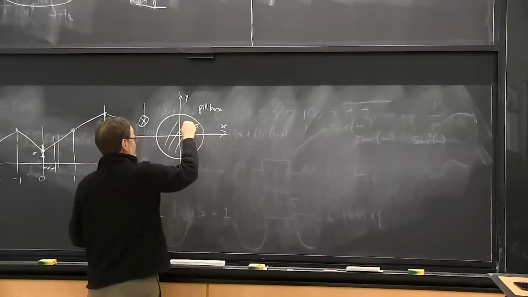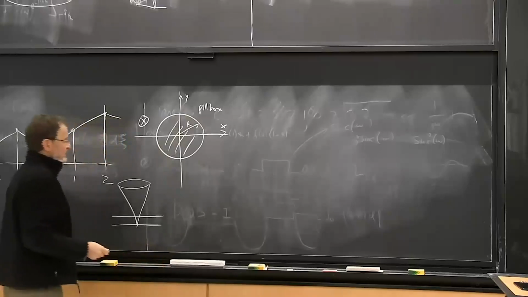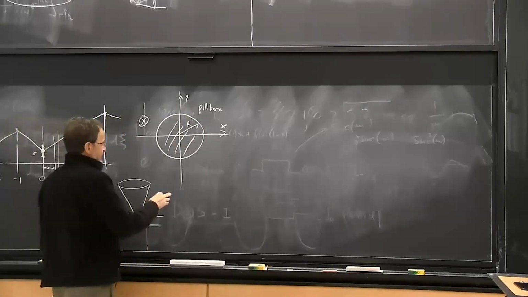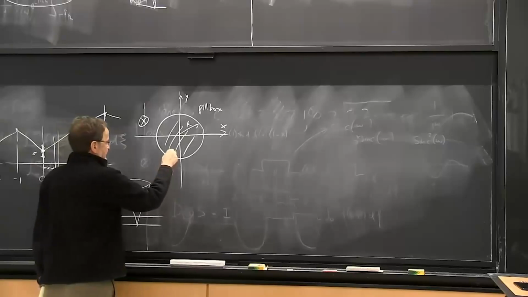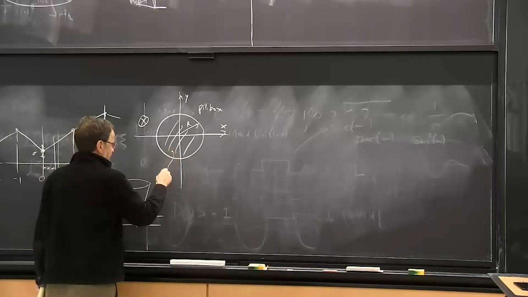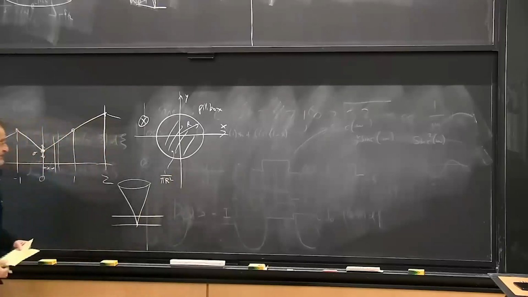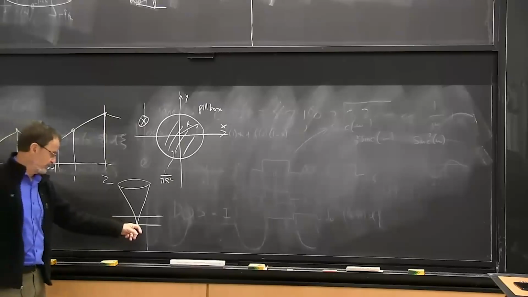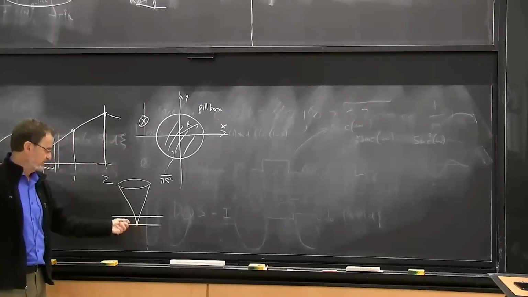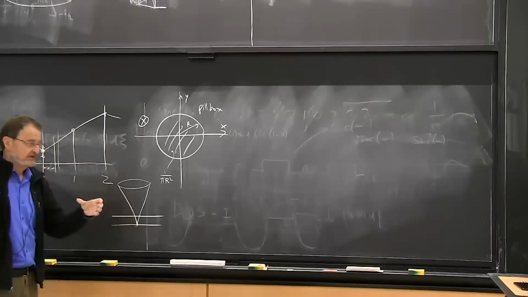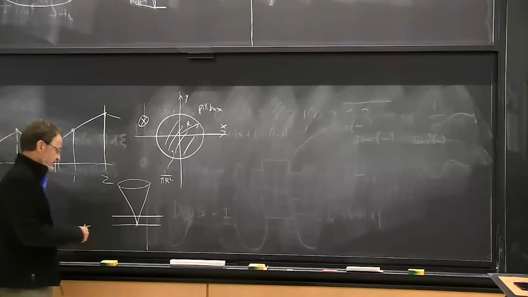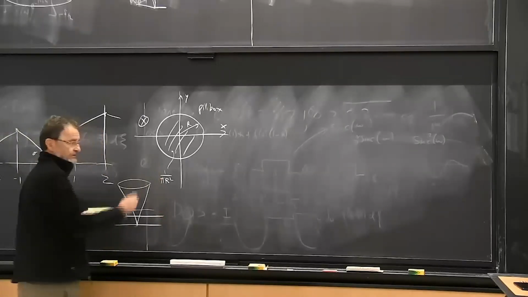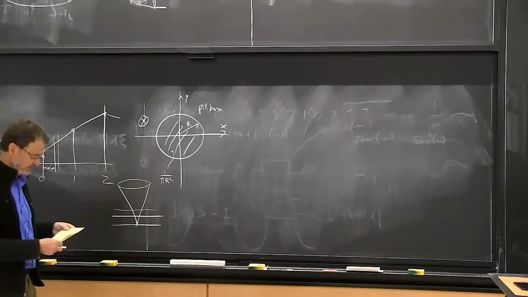Let's call it R. Now this time, the value inside here is not 1, it's 1 over pi r squared. Why? Well, I want the integral to be 1, because basically all the energy that used to come to this point is now spread out over this area. And if I go more out of focus, it's spread out over a larger area. So I should really normalize to that area.